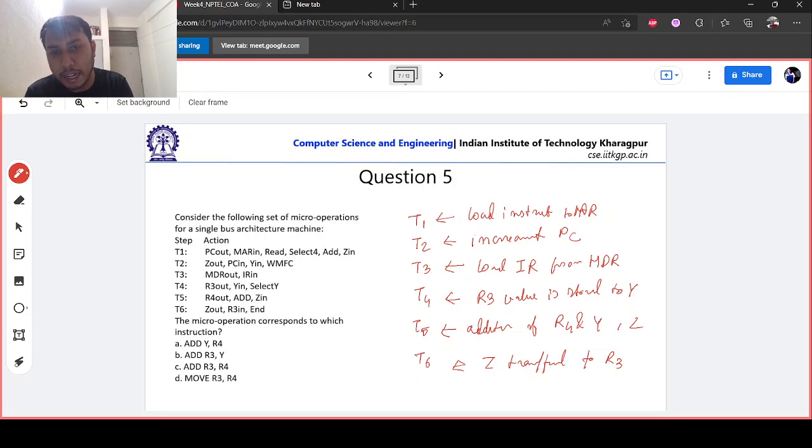So basically an addition of R3 and R4 is occurring. So these are the corresponding control signals or timing signals, as you can see.